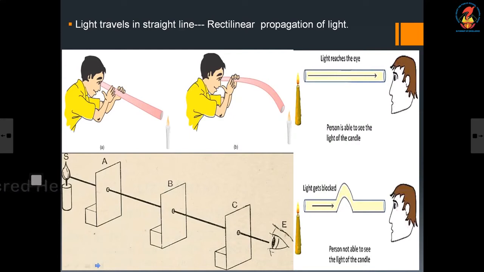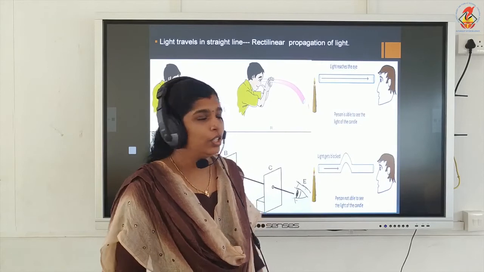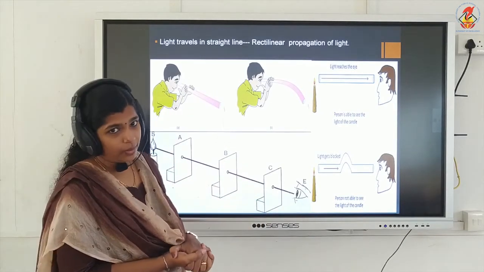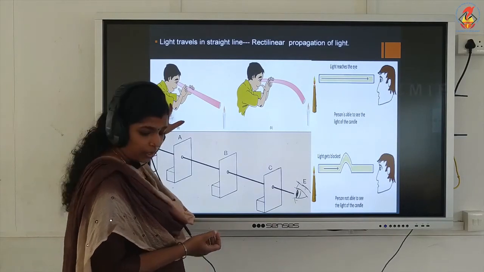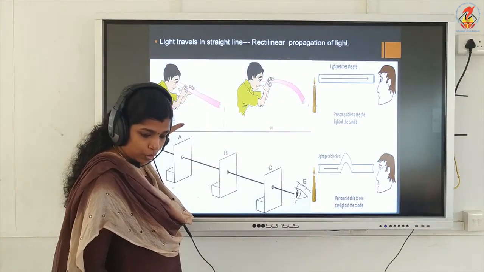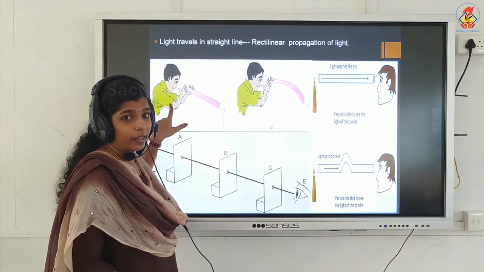Light travels in a straight line. That is known as rectilinear propagation of light, or straight line propagation of light. An activity is given here. That activity is given in your textbook also, page number 111.